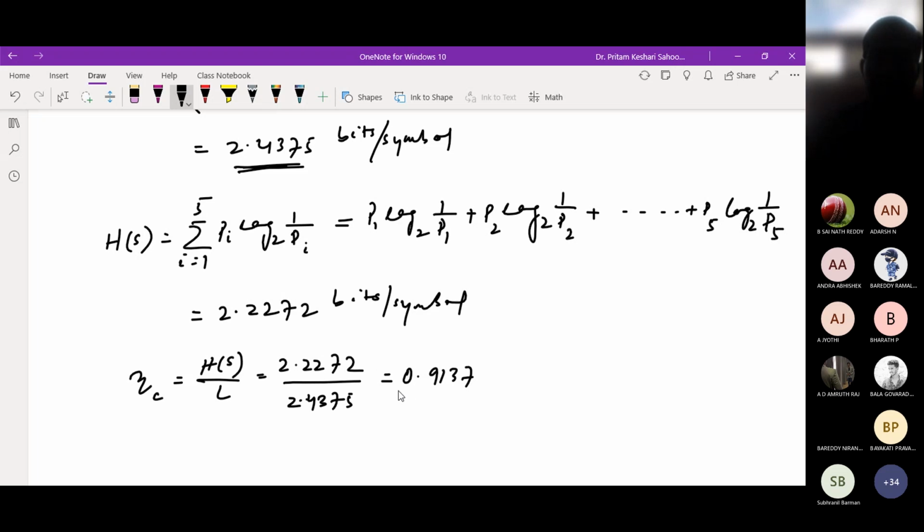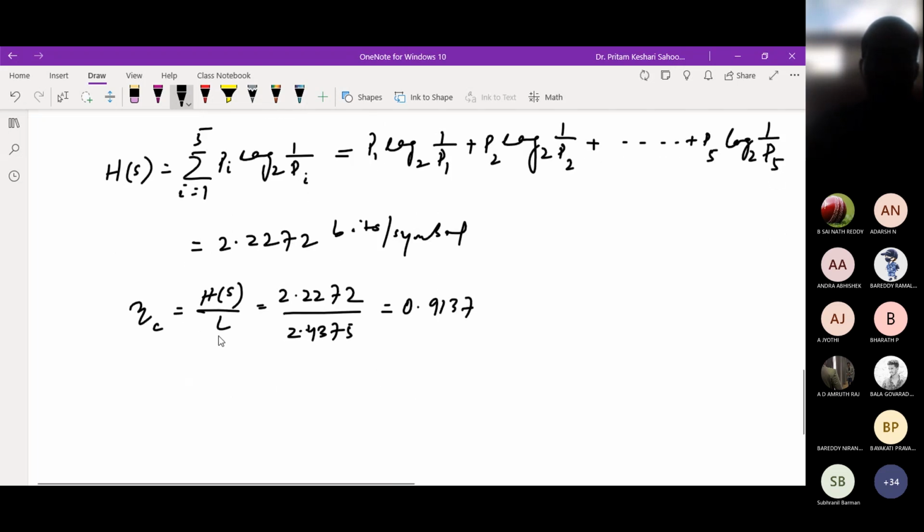If you want the code efficiency in percentage, you multiply by 100, which gives 91.37. And if you want to find the code redundancy, it is 1 minus the code efficiency, so that becomes 8.63.